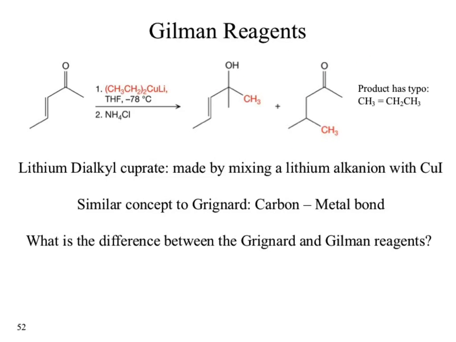So our Gilman reagents, we're generating it. So carbon with copper, sometimes you'll hear these referred to as organocuprates. Cup for copper. If you see an organocuprate, C-U-P for cuprate, you're looking for copper.